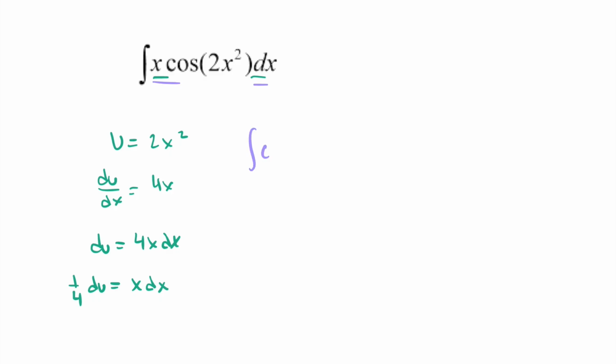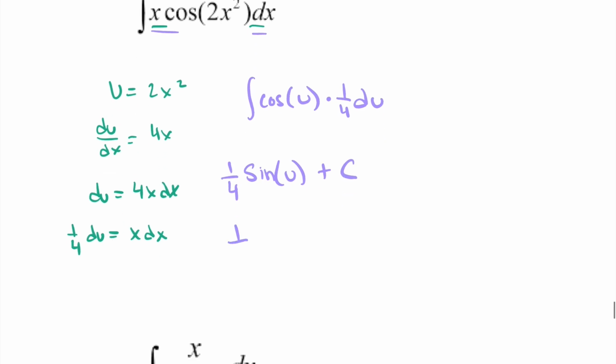So we have the integral of cosine of u times 1/4 du. The 1/4 can go up front, it doesn't really matter. The antiderivative of cosine is sine, so sine of u, 1/4 of it plus c, so 1/4 sine of 2x squared plus c.